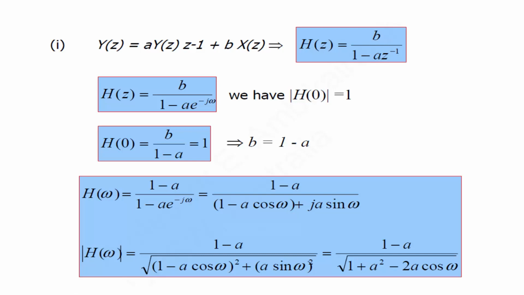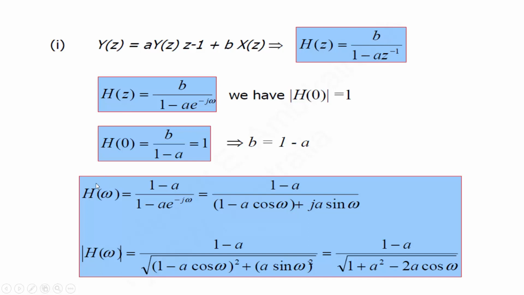Now there are two things here. Once the transfer function is given, we can get the frequency response by substituting the value of z with e to the power j omega.